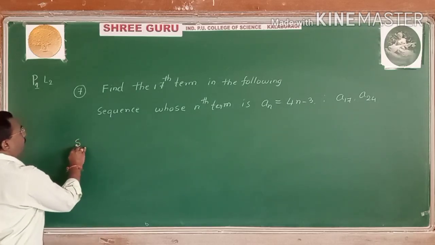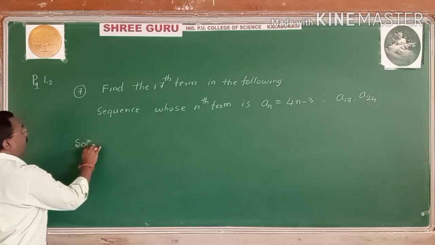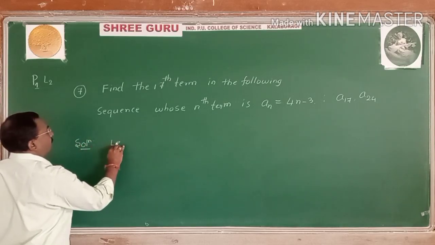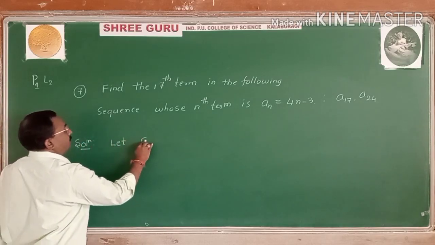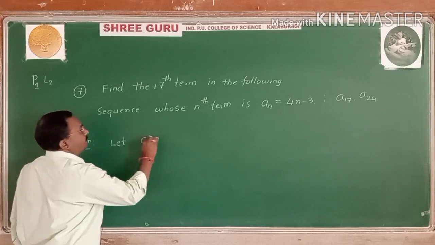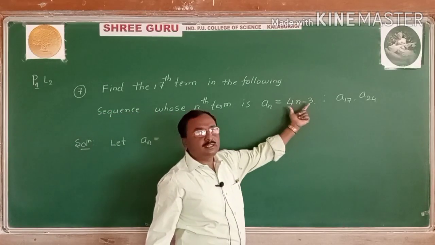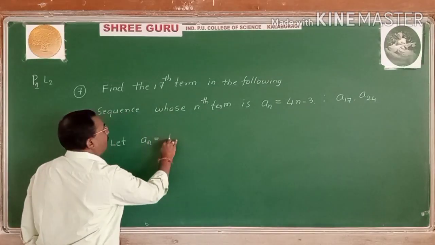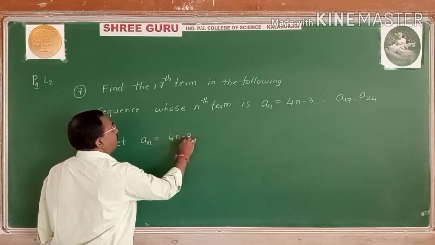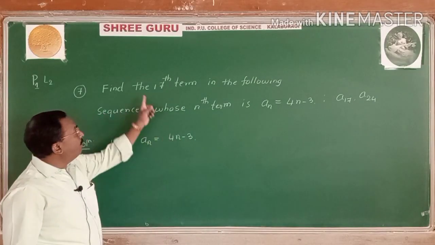Solution. Given the nth term of the sequence, an is equal to 4n minus 3. One by one, find out.